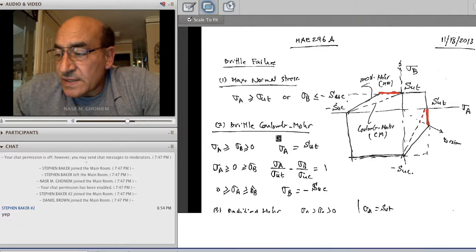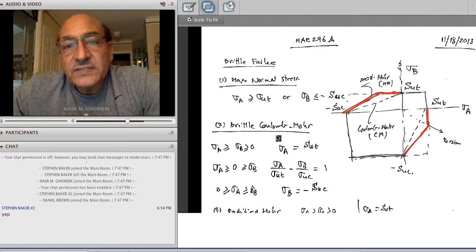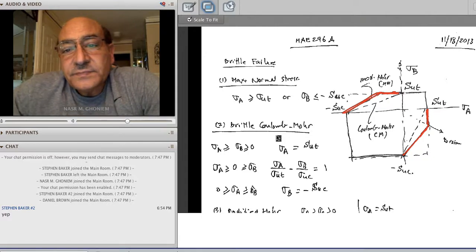So instead of going directly with this line here, we just extend it as if it is the maximum normal stress criterion here, and then we can deal with the shear with the straight line. So we'll have to modify the equation for the straight line of the Coulomb-Mohr in the case of shears.